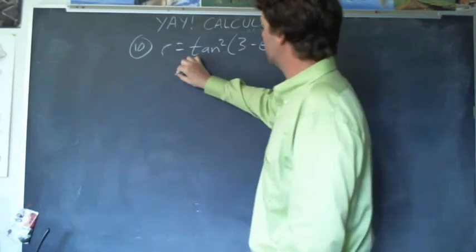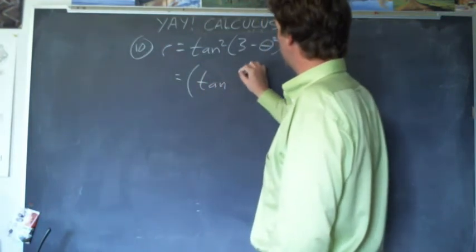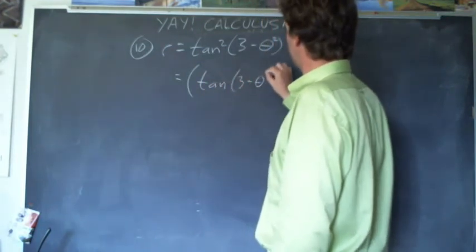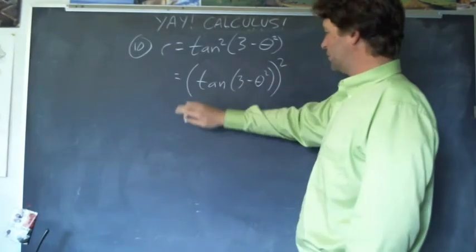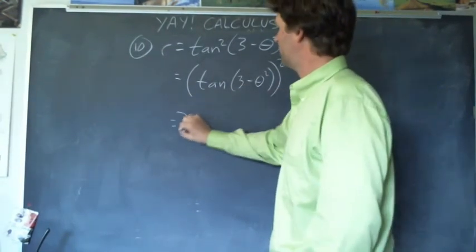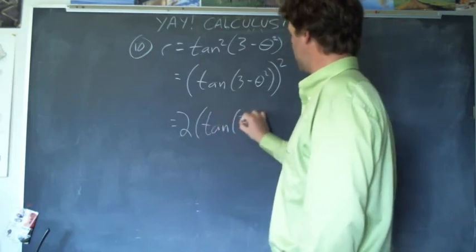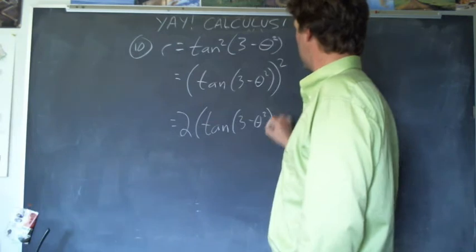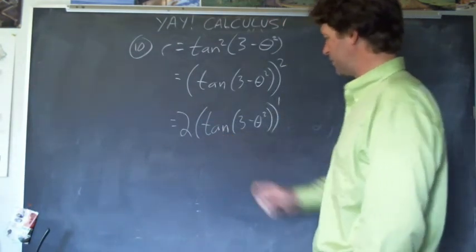So let's rewrite that tangent squared as something in parentheses squared. Bring down the 2. Leave what's in the middle. Goes to 1. Now we need the derivative of tangent.